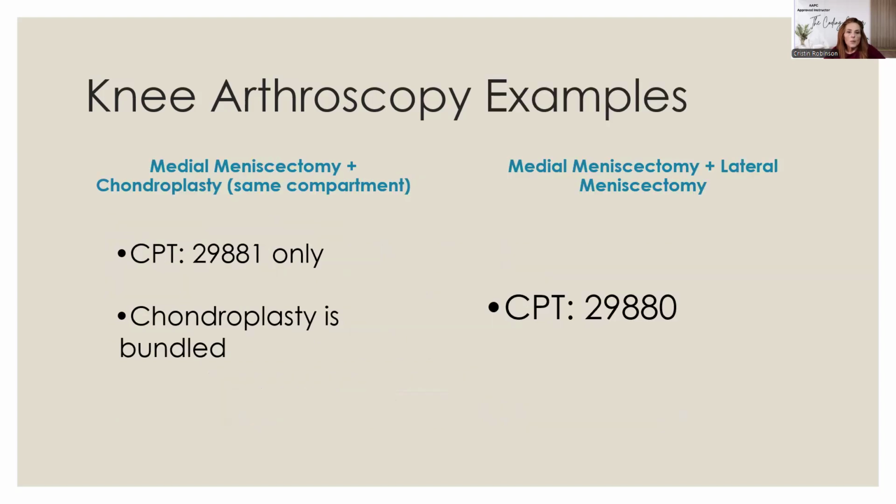Some knee arthroscopy examples: medial meniscectomy plus a chondroplasty of the same compartment in the knee. You would use CPT code 29881 only. The chondroplasty is bundled. Medial meniscectomy plus a lateral meniscectomy would be the CPT code 29880 because it was both the medial and lateral meniscectomies.